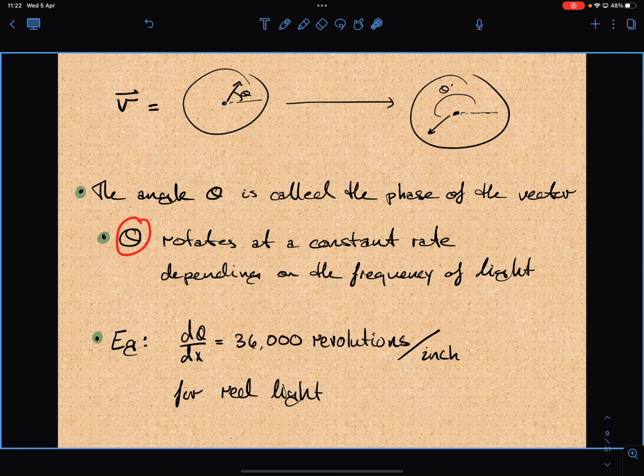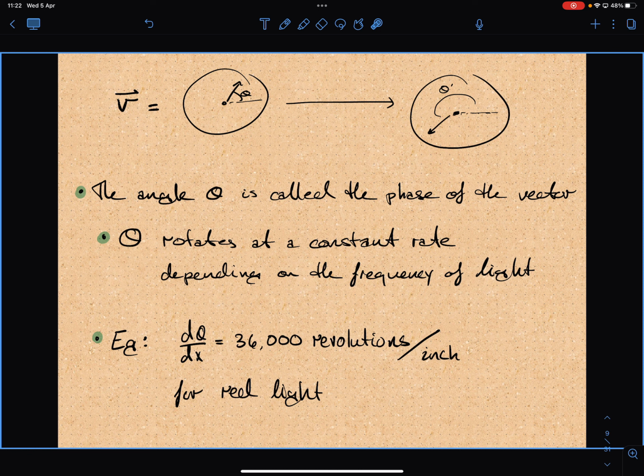And this theta is going to rotate at a constant rate in time, and light is traveling at a constant speed, the speed of light. So it's rotating at a constant rate with respect to time and with respect to space.